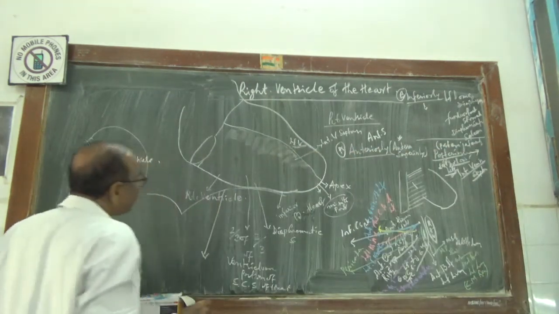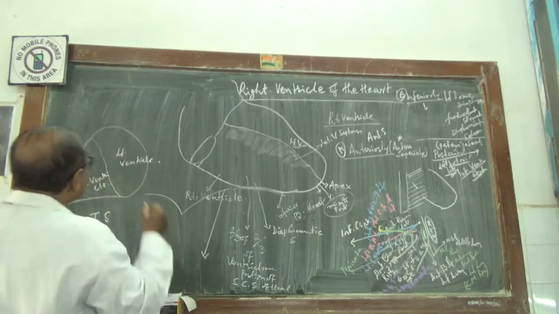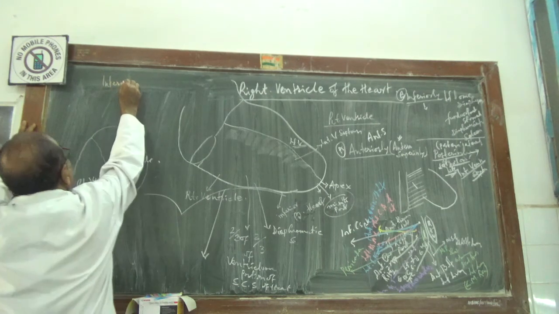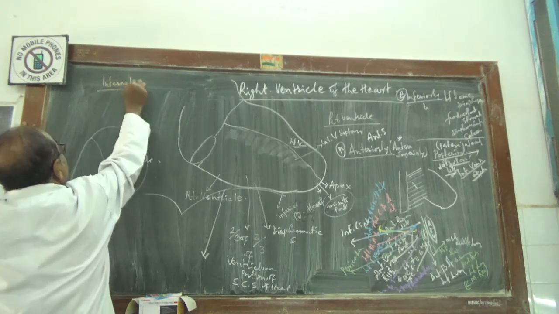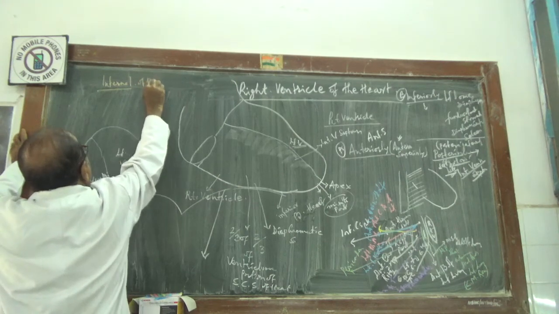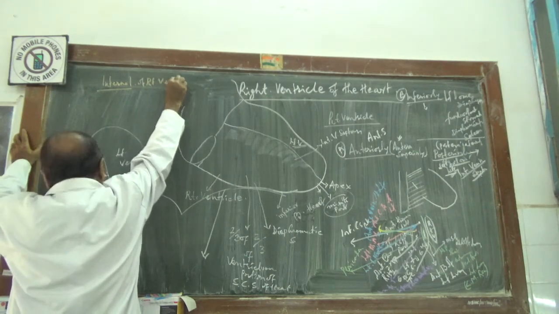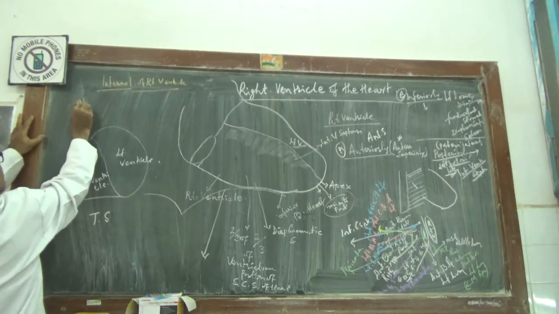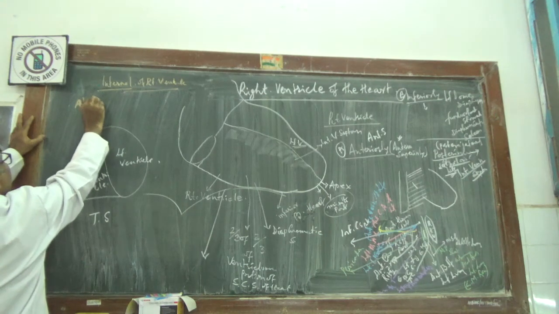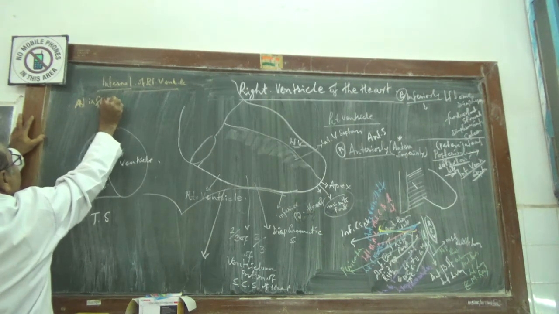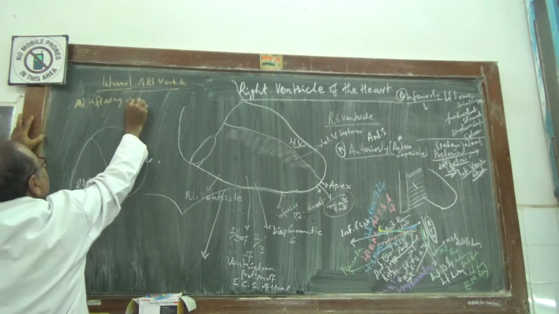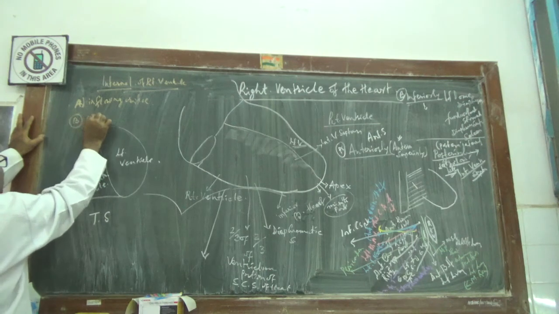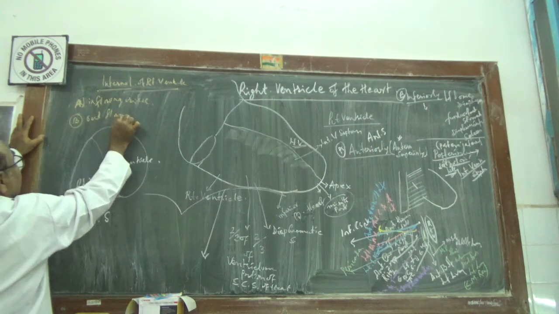Now you have to go to the internal of the right ventricle. Internally the right ventricle has two orifices: one is the inflowing orifice, another is the outflowing orifice.